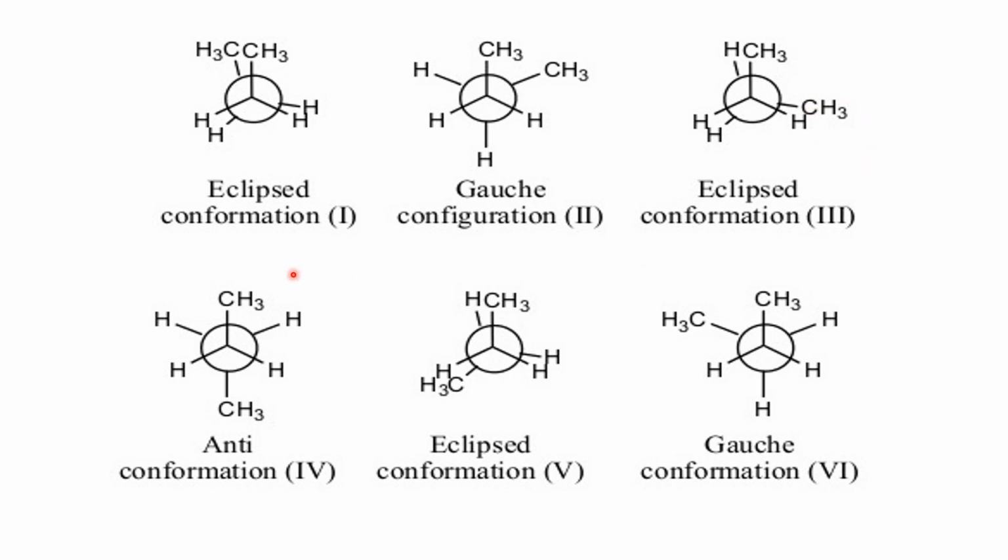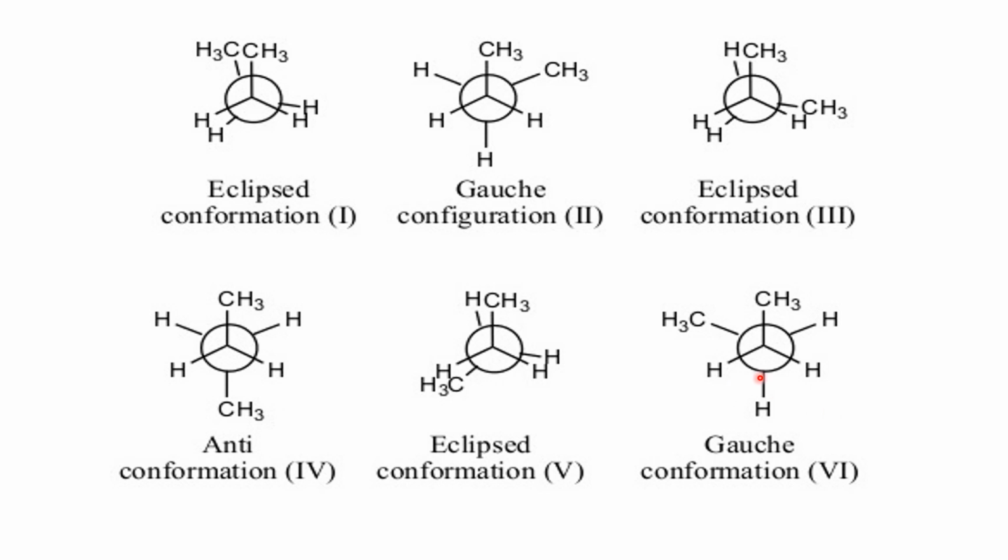Then we move to the next case, that is the extreme one, the anti-conformation, in which the methyl groups are in the opposite direction. Again the carbon-carbon rotation occurs, so that we move to another eclipsed conformation. Got it? Then we move to another gauche conformation.